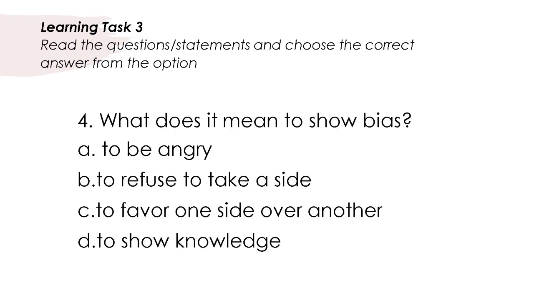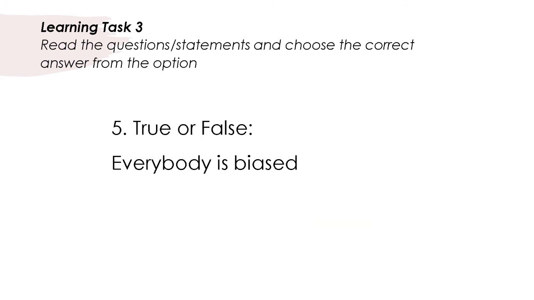Let's have the fourth one. What does it mean to show bias? A, to be angry, B, to refuse to take a side, letter C, to favor one side over another, or letter D, to show knowledge. That is correct. To favor one side over another. One side or one-sided argument. Number 5.